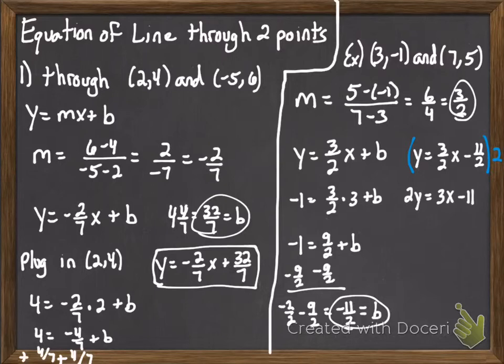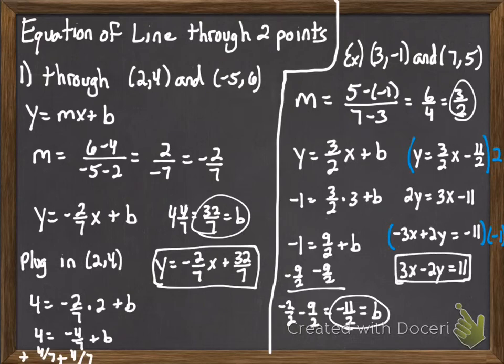We get 2y equals 3x minus 11. Then we need x on the same side as y, so we subtract 3x from both sides. We get negative 3x plus 2y equals negative 11. Finally, we want the x term to be positive, so we multiply both sides by negative 1, and we get our answer: 3x minus 2y equals 11. So now our equation is in general form.